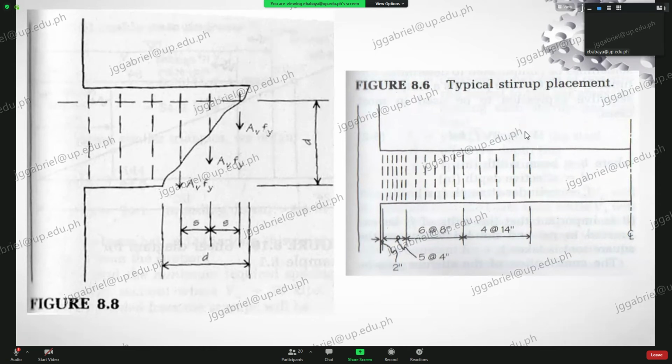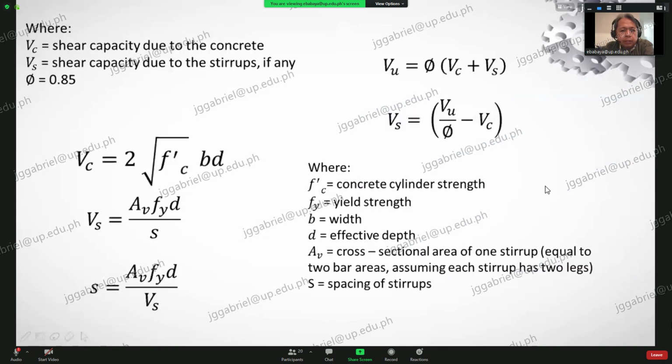Now, it would be best to illustrate this with an example later. And these are the formulas that we will be using. So Vc, that's the shear capacity due to the concrete. Then Vs, that's the shear capacity due to the stirrups. Our reduction factor is 0.85.